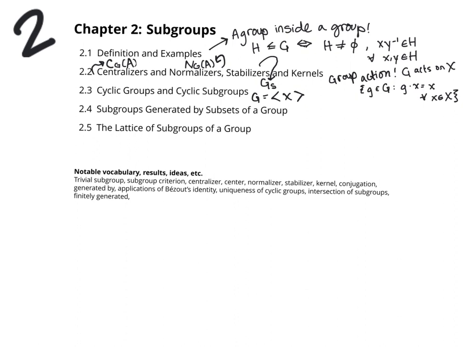We extended that idea into subgroups generated by subsets of the group. So we could think maybe our group G is just generated by two elements, or maybe G is generated by a whole subset of elements. That means every element in G can be written as a finite product of elements in your set of generators.